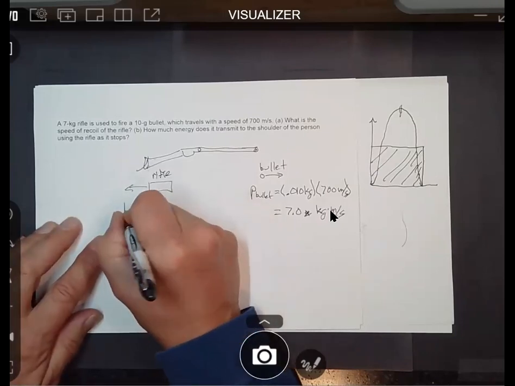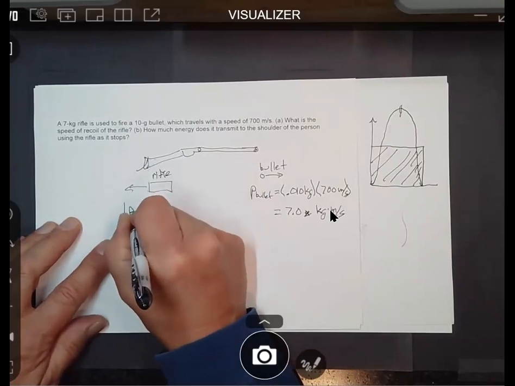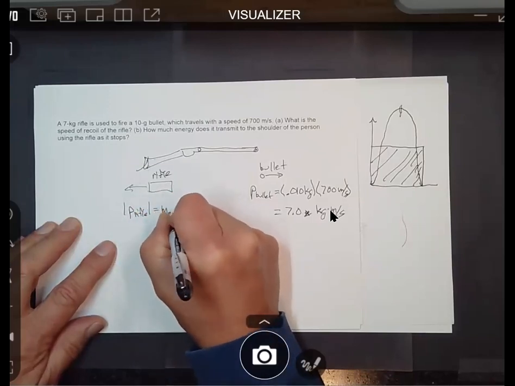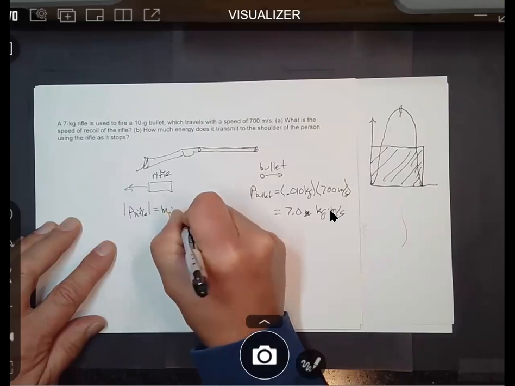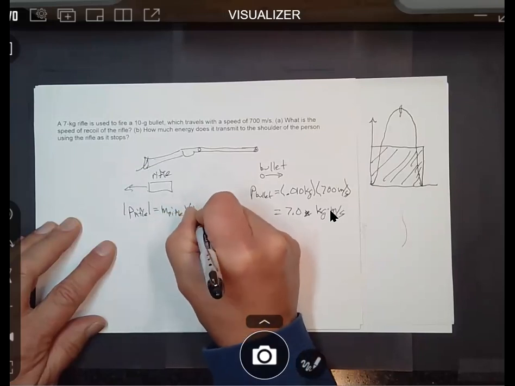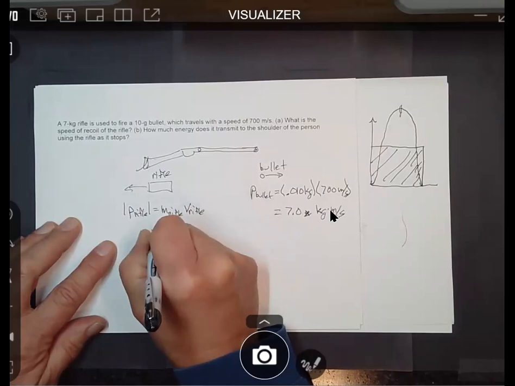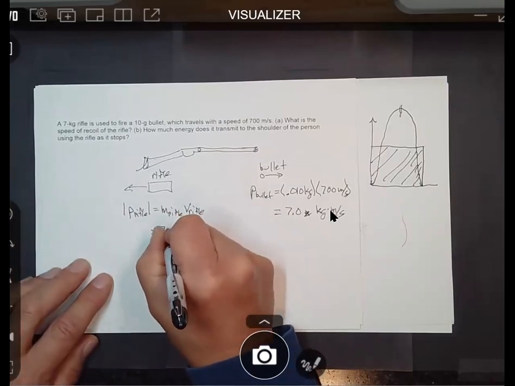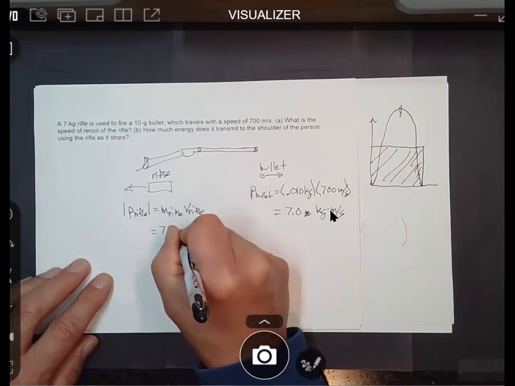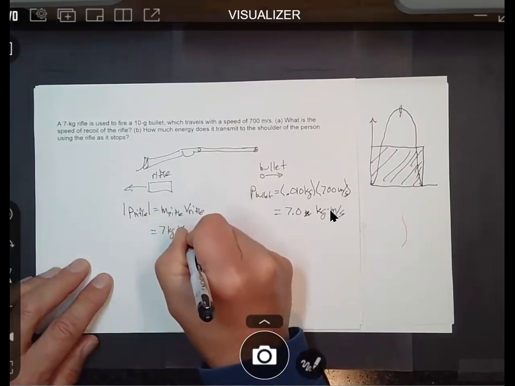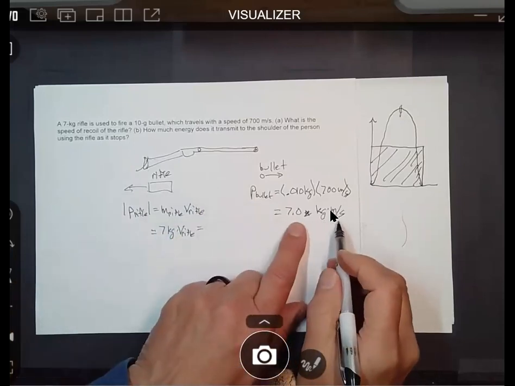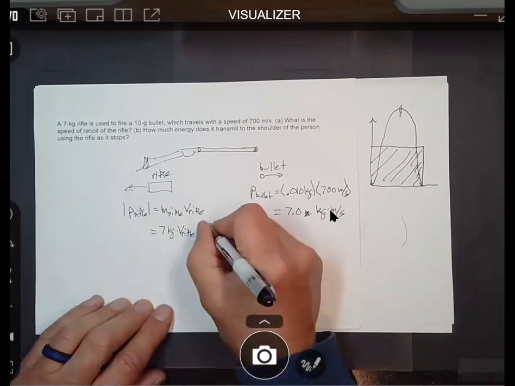If I just calculate the magnitude of the momentum of the rifle, that will equal the mass of the rifle times the speed of the rifle, 7 kilograms times whatever the speed of the rifle ends up being. But the product of the two, oh, look at that, 7 kilogram meters per second.